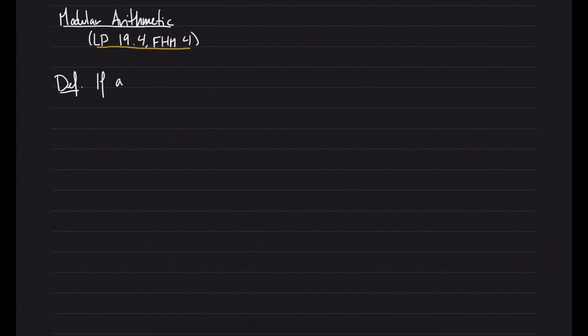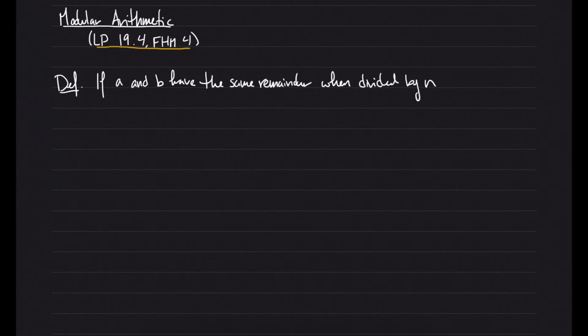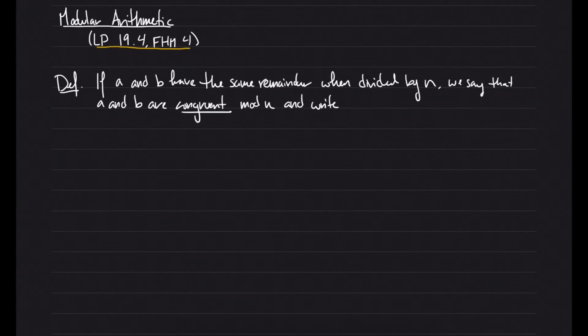So if A and B, say they're integers, have the same remainder when divided by n, usually a natural number n, we say that A and B are congruent mod n, and we write A equivalent to B, or congruent to B, mod n.